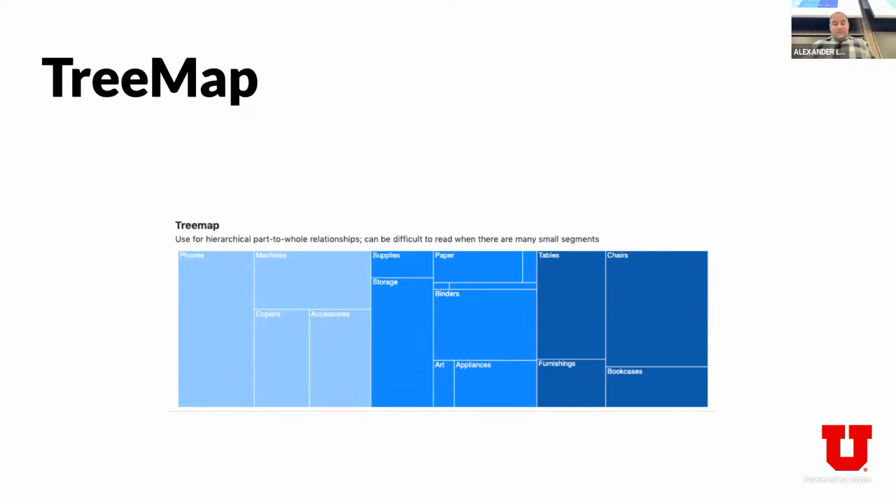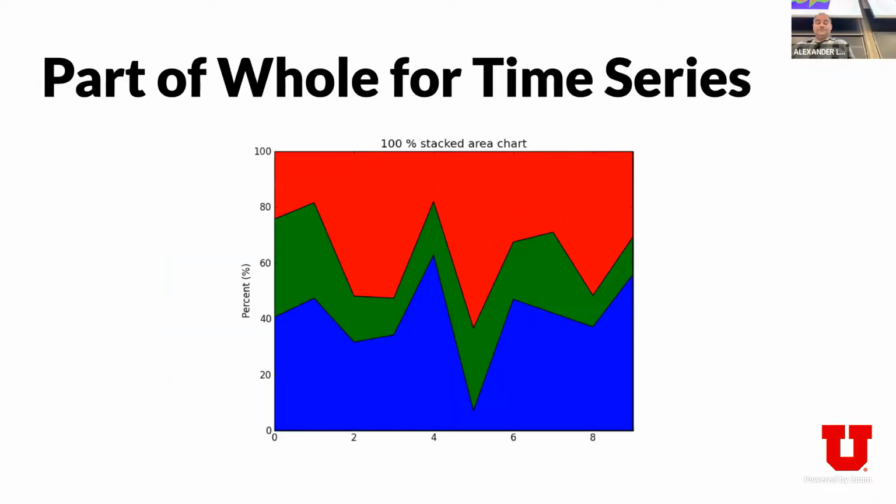For example, here this would be sales. We have phones, machines, copiers, accessories, supplies, and so on. These are different types. For example, on the right we have furnishings, and on the left we have technical office supplies. So it makes sense to group them, and that's what the tree map does.